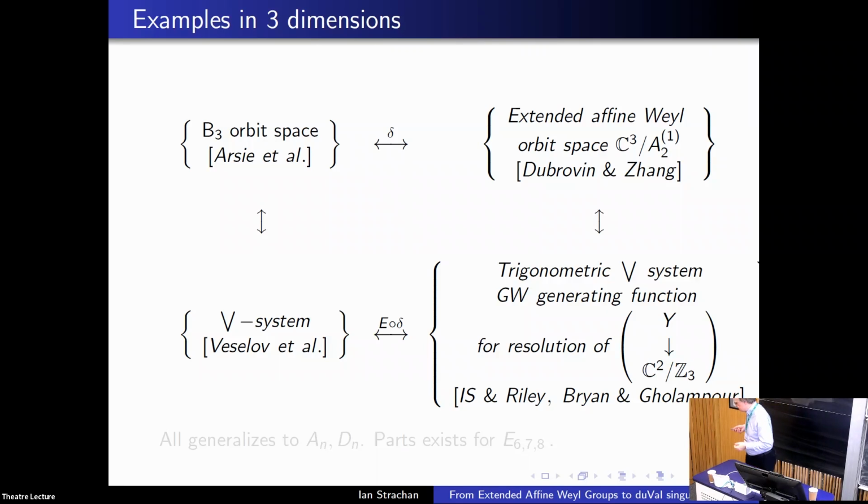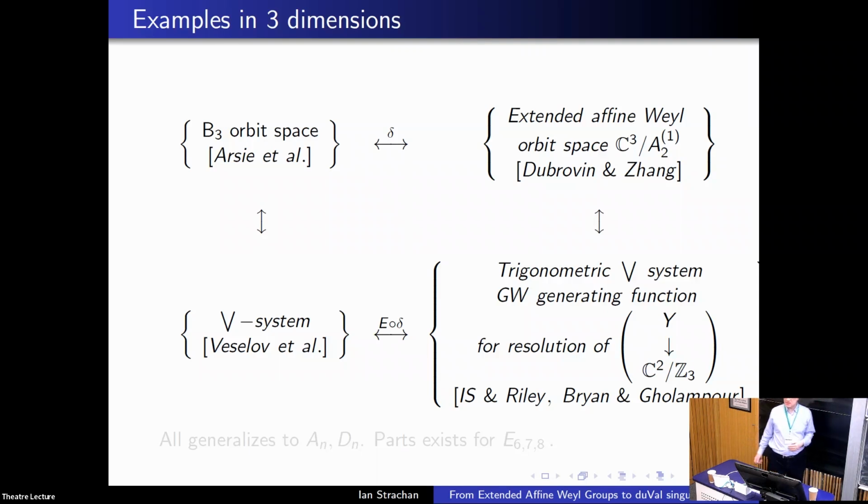Solutions of this type were, to my knowledge, first written down by various Russians, Marshakov and his collaborators. I said the WDVV equations appear all over the place. One of the places that they appear is in Gromov-Witten field theory, and solutions of this type were written down by Marshakov and his collaborators in the context of Gromov-Witten field theory.